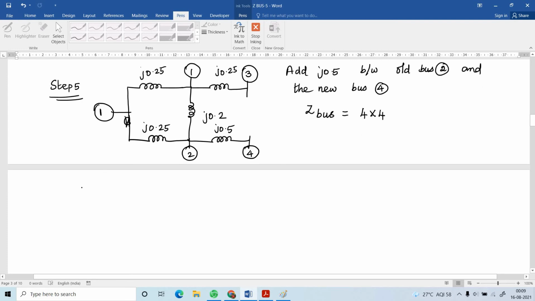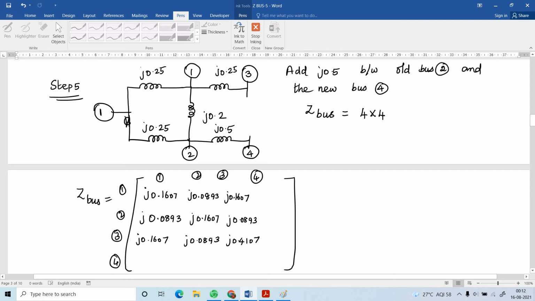So, how to write the Z bus matrix? First, see, the old bus 2 and new bus 4 are connected. Take the second column element and copy the second column element in the fourth column.